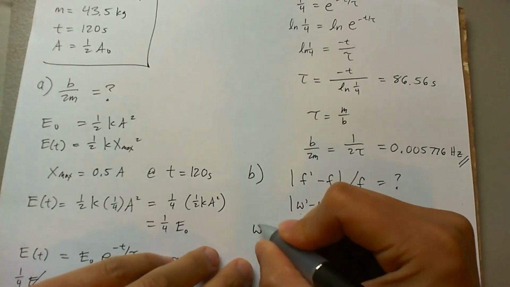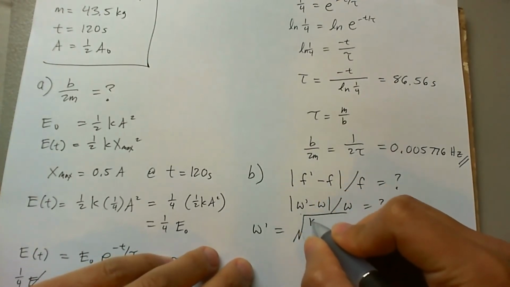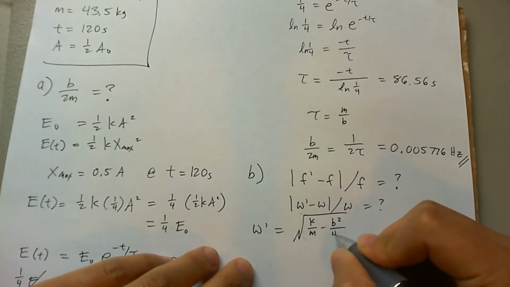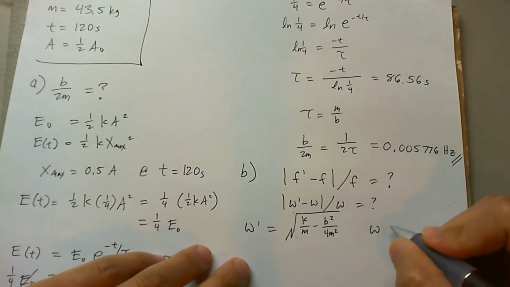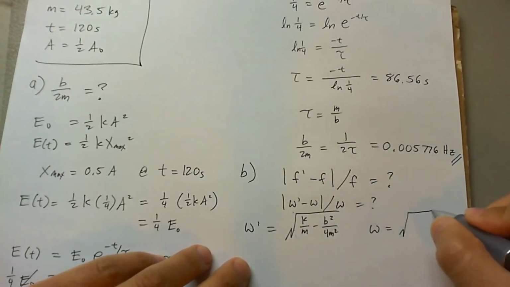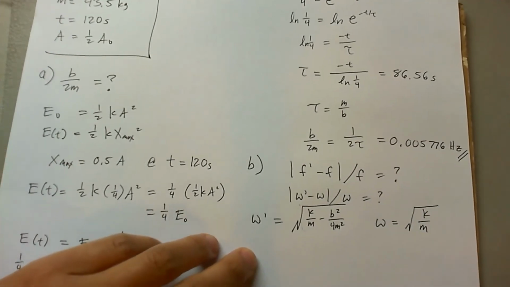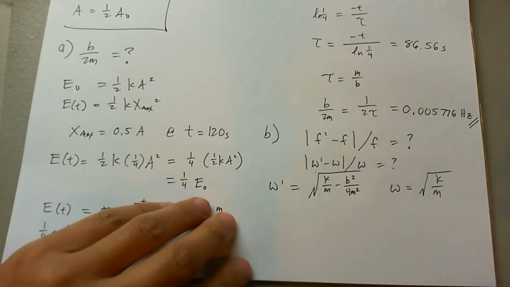Now omega prime is a function of the spring constant, mass, and these damping factors right here. Omega is the undamped version, and we know that from an earlier lecture. So to find this, all we need to do is plug in all these values here.